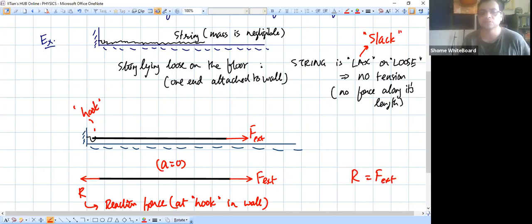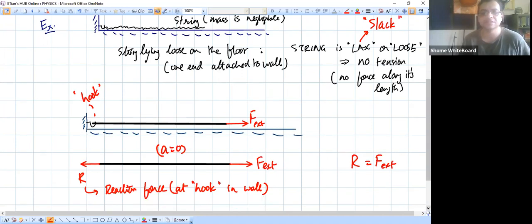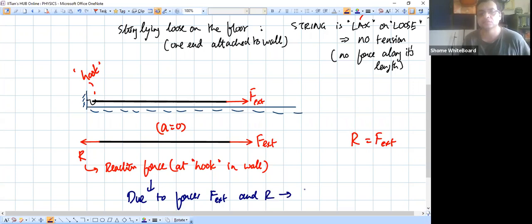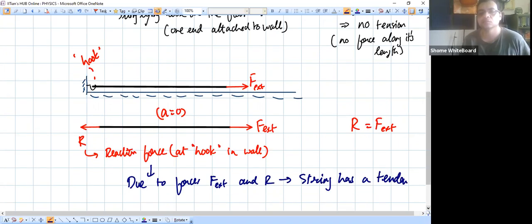But the combination of these two forces stretches out the string. It gives it a tendency. So due to the force F external from one side and the reaction force on the other side, the string has a tendency to be stretched.